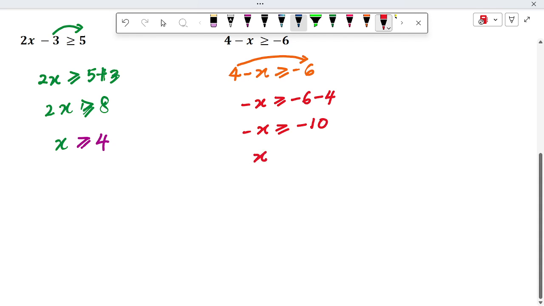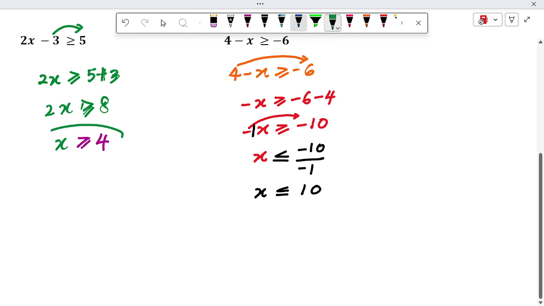To get the value of x, negative will be brought to the right side, and when you times or divide a negative value, your symbol will change to the opposite direction. So more or equals to will become less or equals to negative 10 divided by negative 1. Why is it negative 1? Because if there's no number, it is 1. So x will be less or equals to 10.